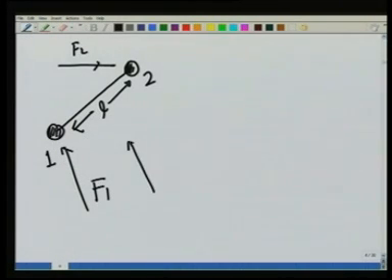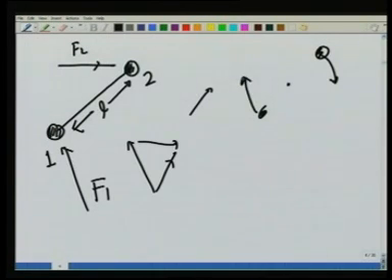Let's say this is F1, this is F2, so this is a net force. So center of mass of this body would move in this direction. It would have moved, so center of mass would move, but the body could itself change orientation. It could be in this orientation.